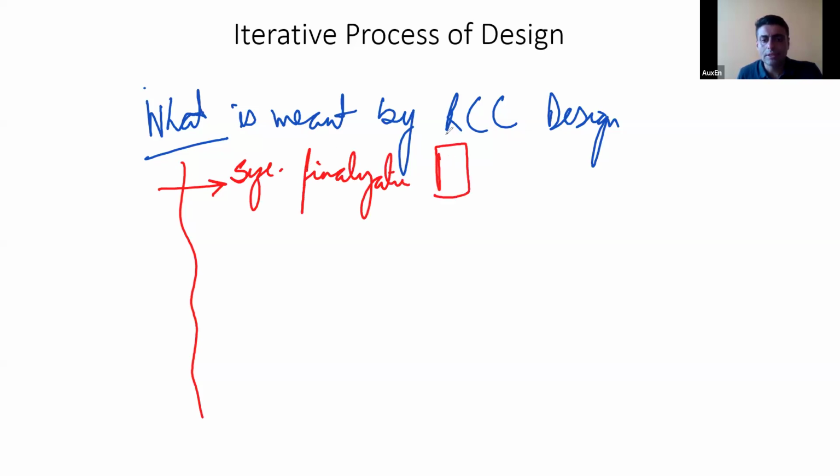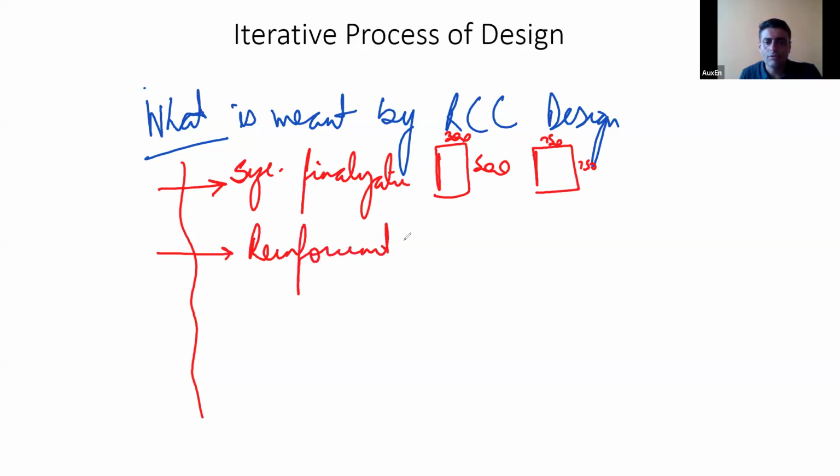So whether it will be, let's say, 300 by 500, or if it's a column, what the size will be, 750 by whatever. So size finalization comes first, correct? Next, you also want to finalize the reinforcement. Hello, are you with me so far?